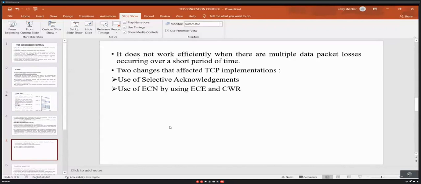So this ECN bit is used in the TCP segment header, right? And also the selective acknowledgements. So these are the different ways of controlling congestion with TCP: detecting the congestion and then retransmitting those lost packets. That is what is done with all these congestion control mechanisms.